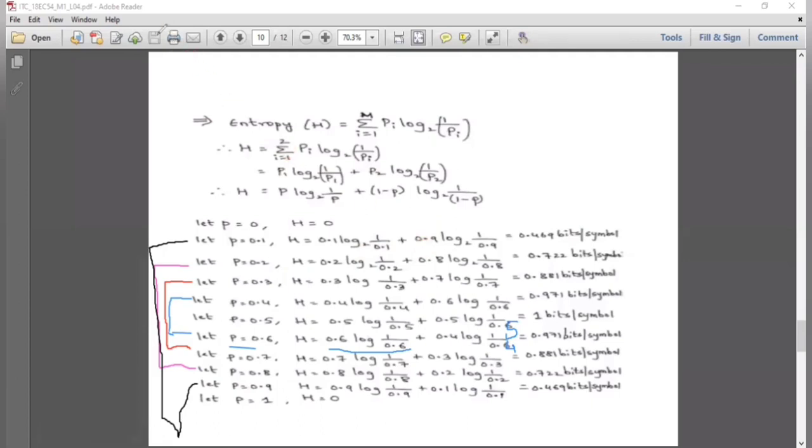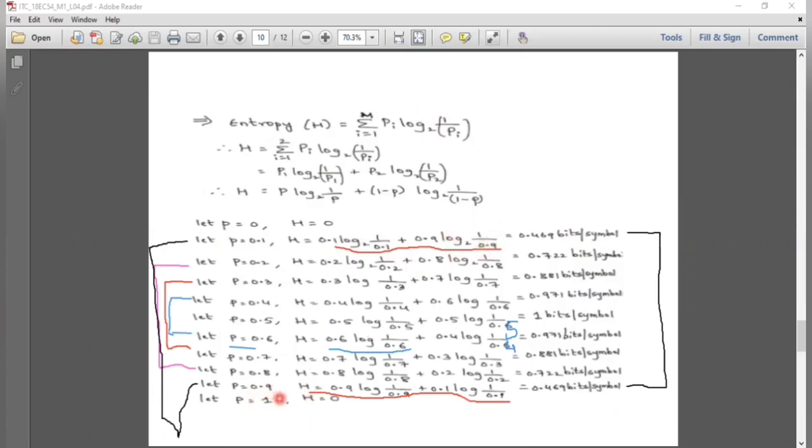For example, consider 0.1 and 0.9. So this is the expression for P equals to 0.1, and this is the expression for P equals to 0.9. When P is 0.1, H is 0.1 log of 1 by 0.1 plus 0.9 log of 1 by 0.9.